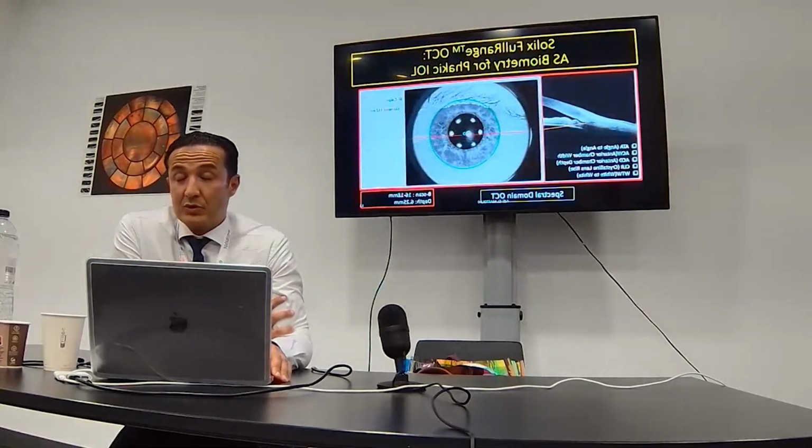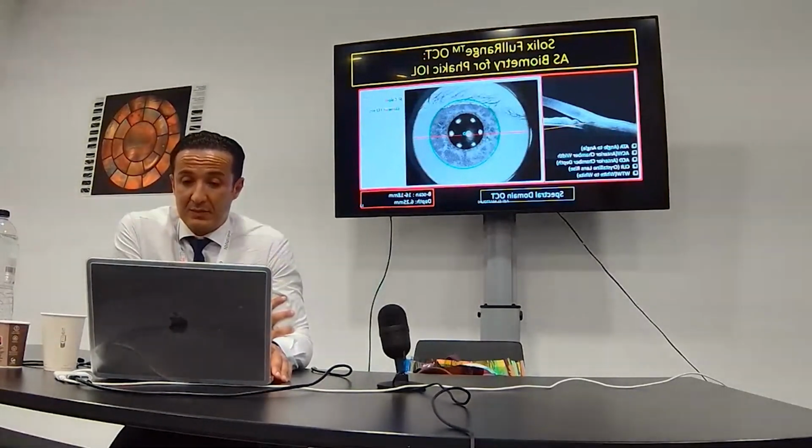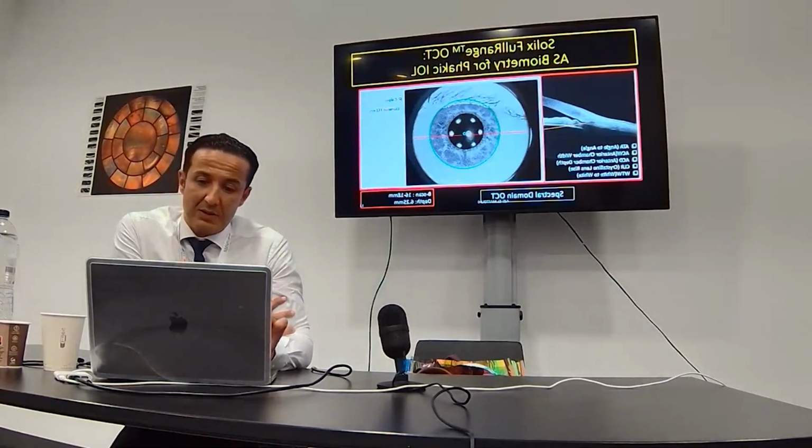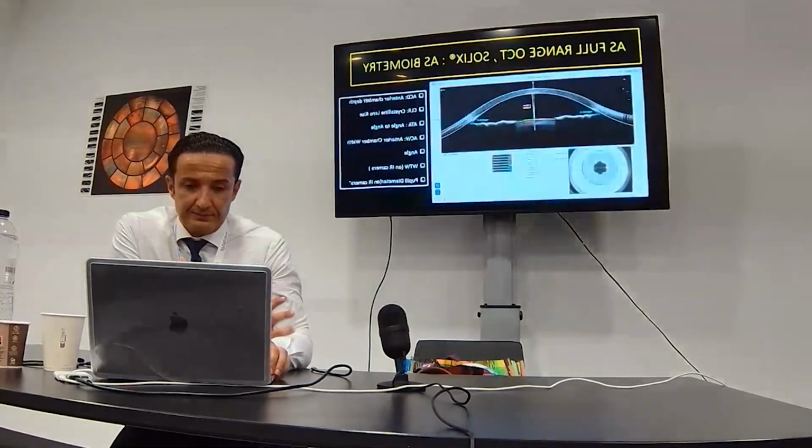Now you can also have automatic biometry, and you can make a measure of white to white directly in the infrared camera with a specific ring caliper.